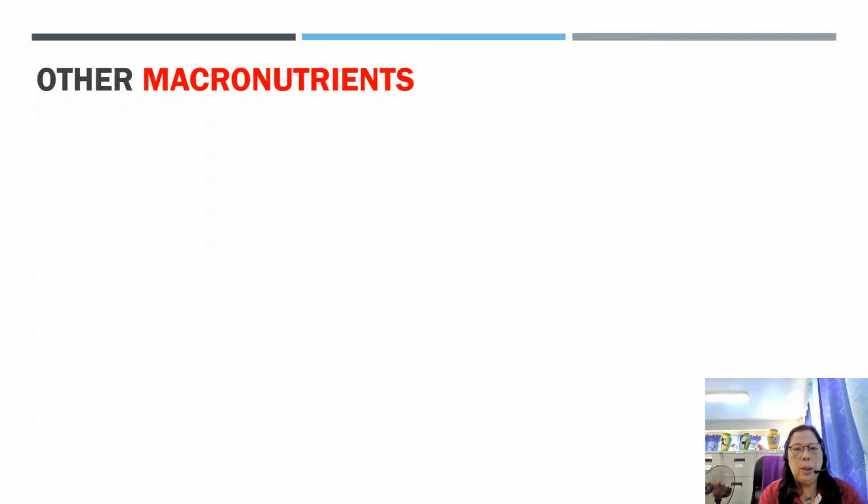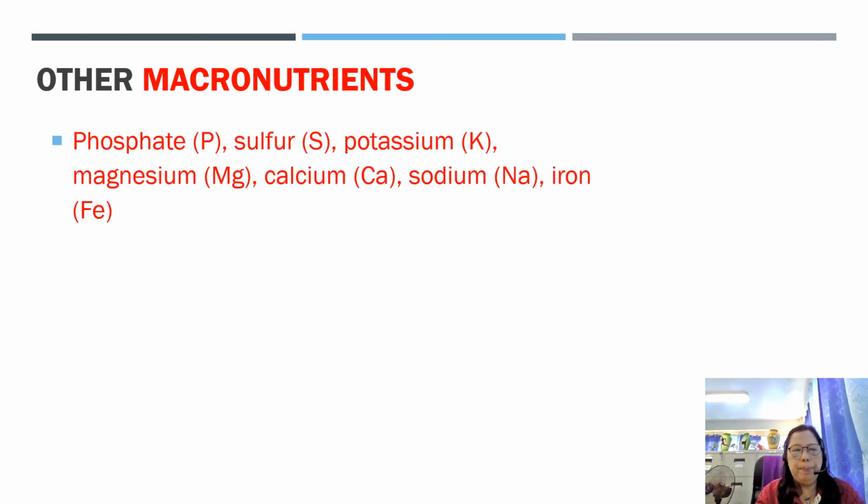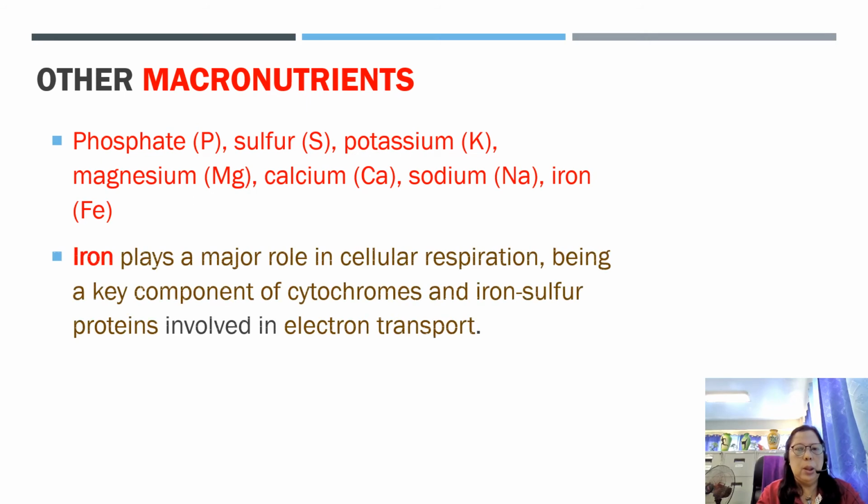And the other one is chemotrophs. Other nutrients include minerals: phosphate, sulfur, potassium, magnesium, calcium, sodium, iron.